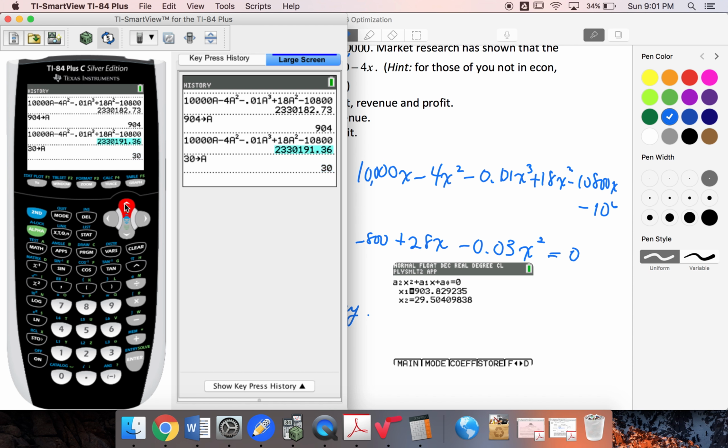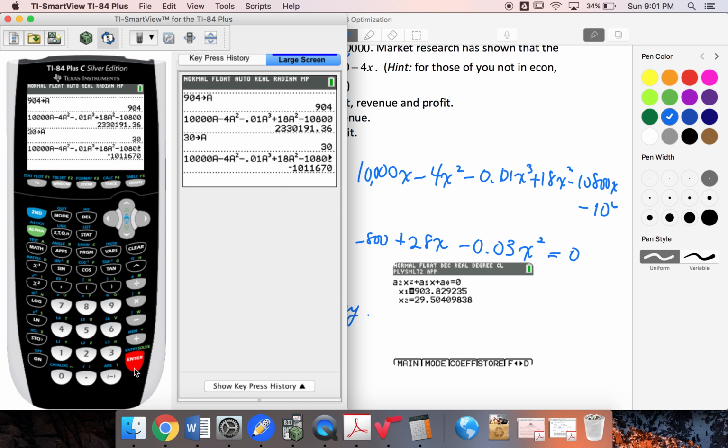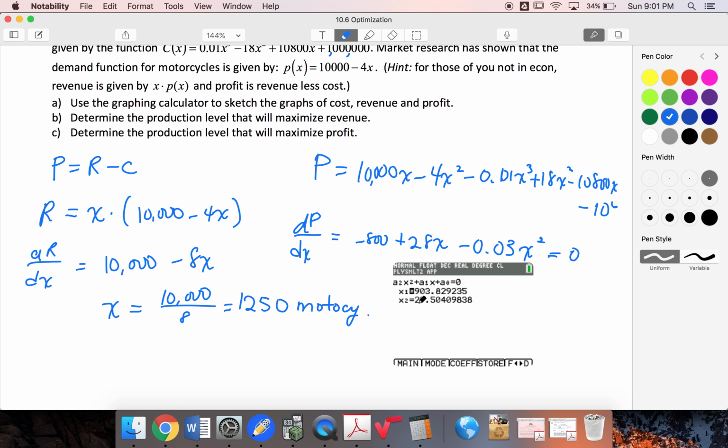So let's see which one gives us the most. Okay. Well, definitely not 30. It looks like 30 gives us the minimum, not the maximum. So we want to make 904 motorcycles to maximize profit.